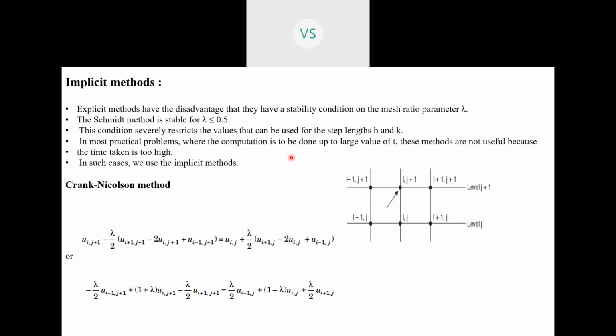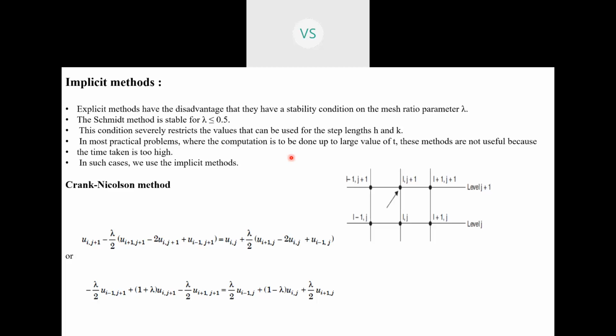Generally we are taking readings at stable or steady conditions. For steady conditions to be reached, it requires a minimum of 3, 4 or 5 hours. So when we have large values of t, explicit methods are not useful.